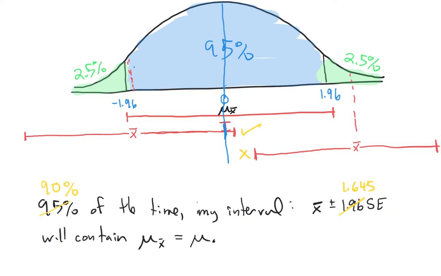We calculate a sample mean, and we compute the length of the interval based on the length that gives us the confidence level we want. And so 95% of intervals made in this case will contain our true mean. So we say we're 95% confident the interval contains the true mean. And that's what a confidence interval is.